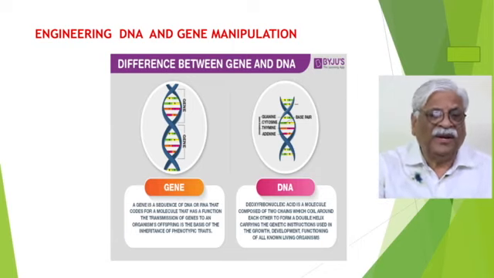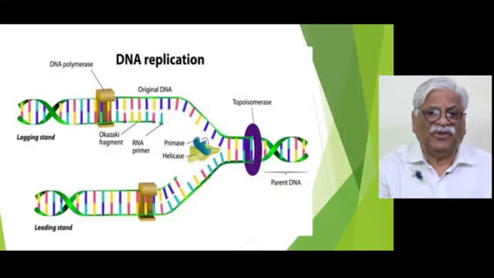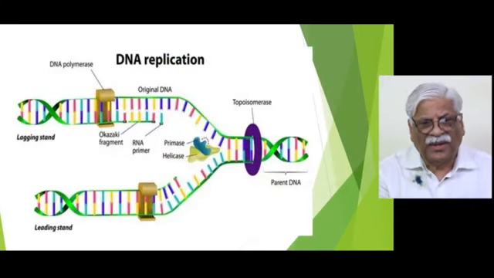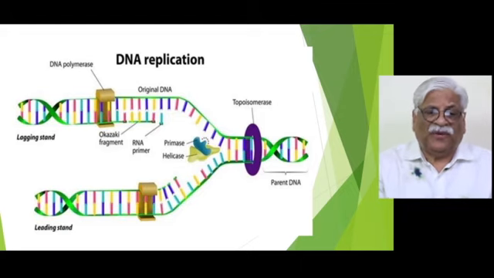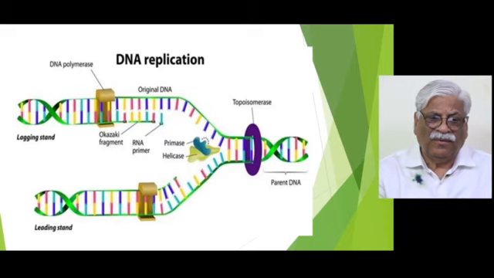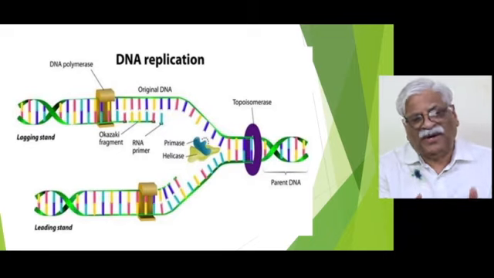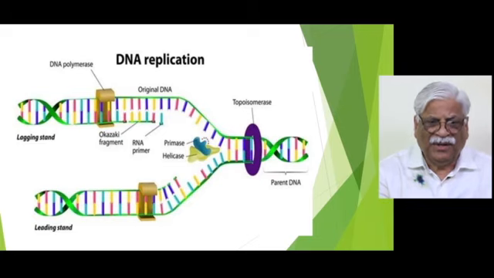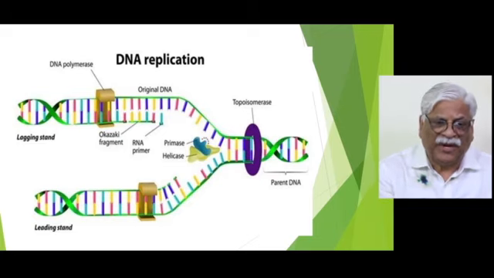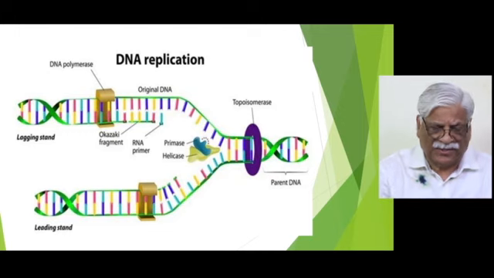Now, what is engineering DNA? First thing, let us talk about DNA replication. DNA replication means basically the formation of a new DNA strand on the existing DNA strand, or parental DNA strand. So, if you have a single DNA structure, a new synthesis can take place on this parental structure.